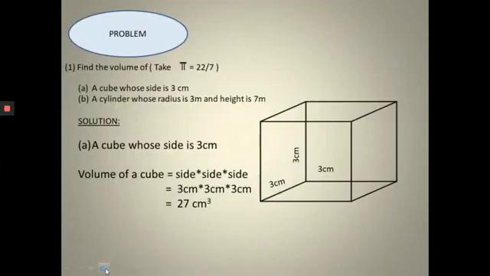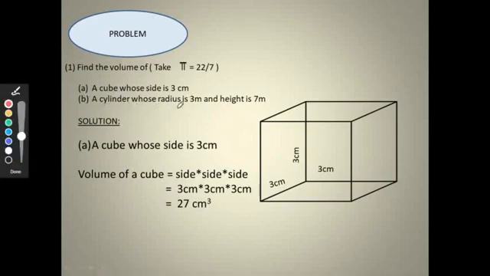Problem: find the volume of a cube whose side is 3 meter, a cylinder whose radius is 3 meter and height is 7 meter. First we will find the volume of a cube whose side is 3 meter. The side of the cube is given as 3 meter.